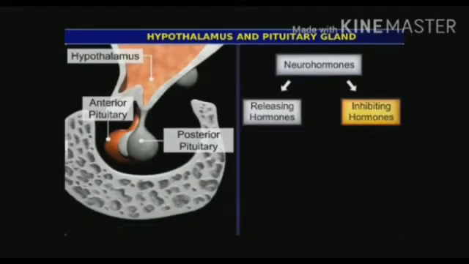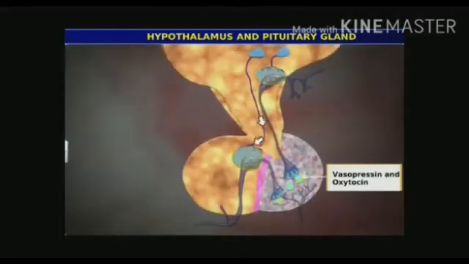However, inhibitory hormones inhibit the production of hormones from the anterior lobe of the pituitary gland. The hypothalamus secretes two other hormones called vasopressin and oxytocin. These two reach the posterior lobe of the pituitary through nerve fibers or axons and are secreted to blood according to the need.